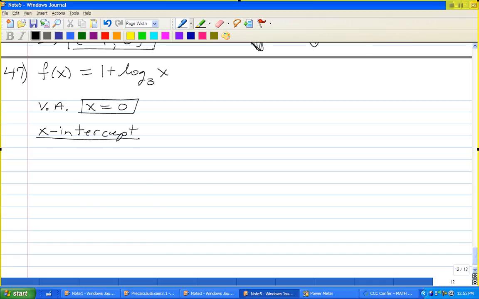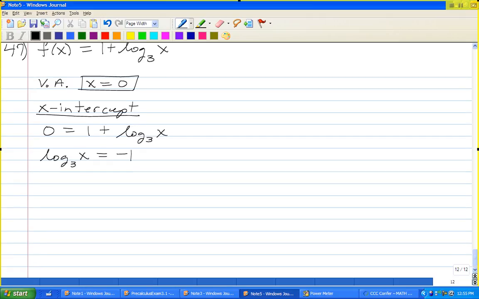Well, the way you find the x-intercept is you set y to 0 and solve for x. And so the log base 3 of x is -1. Let me write this in exponential form.